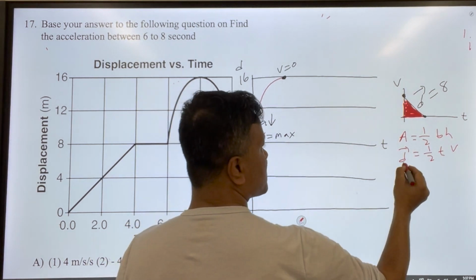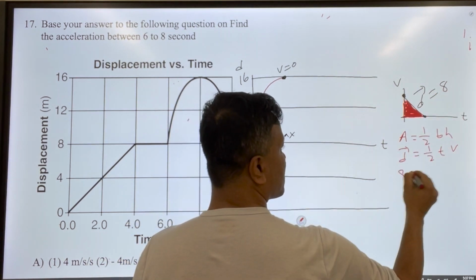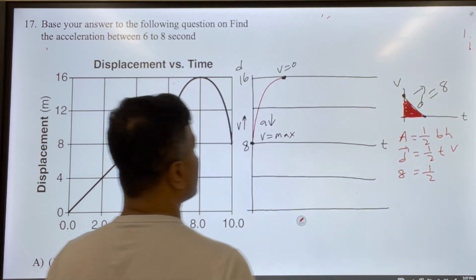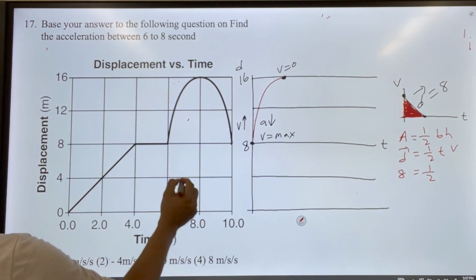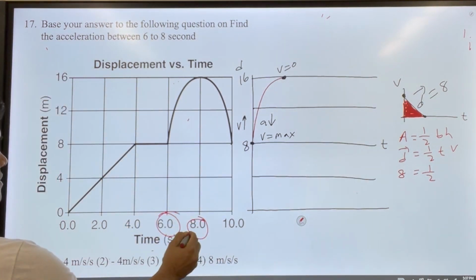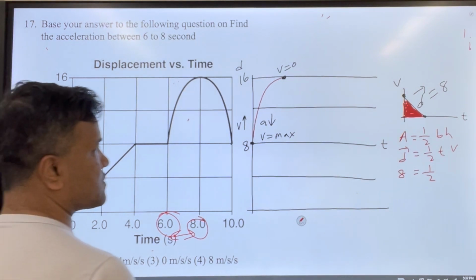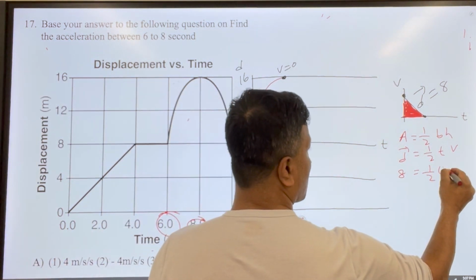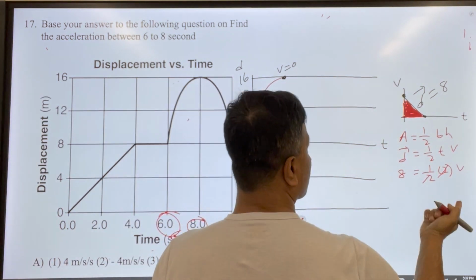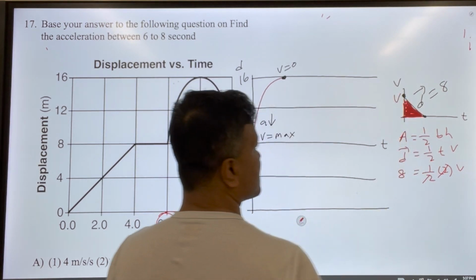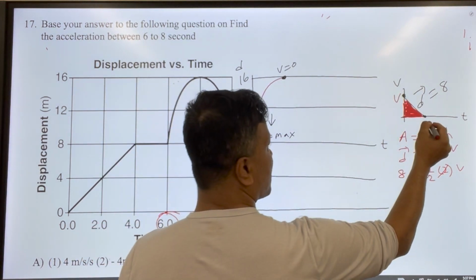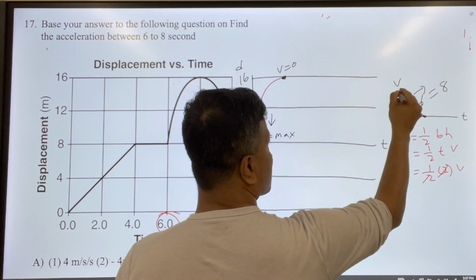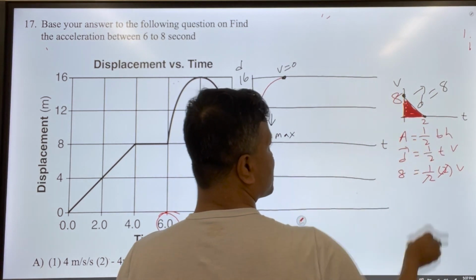So the displacement I already know, 8. Half. Time I know. The time between 6 and 8 is 2. And then the 2s cancel. So velocity is 8. I know that velocity is 8, and I know the time is 2.